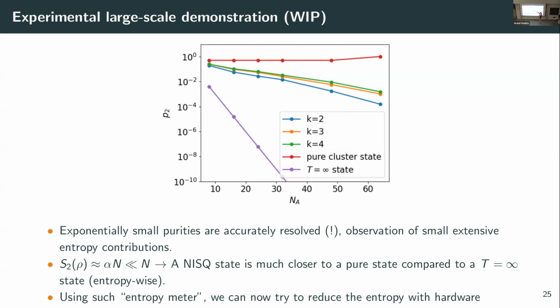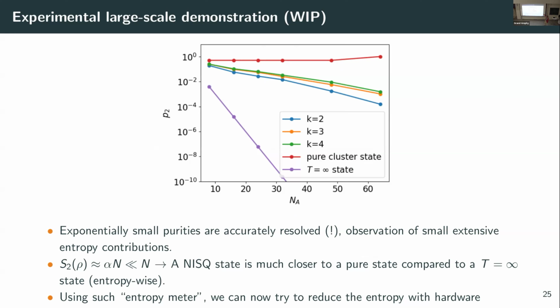Our proposal at the moment is to try to do this measurement for several correlation lengths. And at some point, you will see that the estimated purity will converge as you increase the K that you put in the formula.